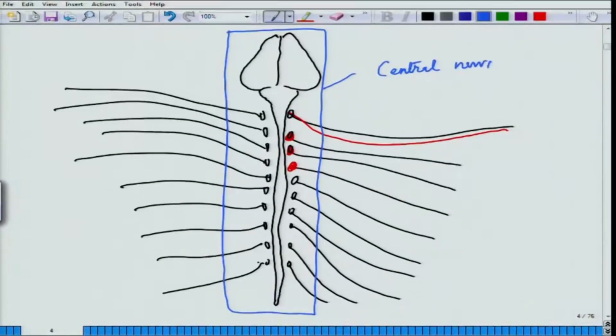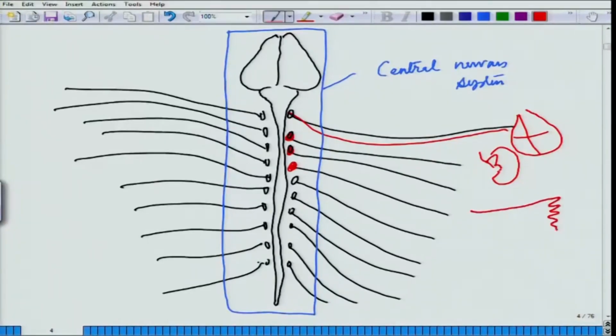Central nervous system, whereas anything which is outside this, the nerves which are taking care of your heart, or your kidney, and so on and so forth, your hands and legs and everything, all those neurons which are carrying information from outside, this falls under peripheral nervous system.